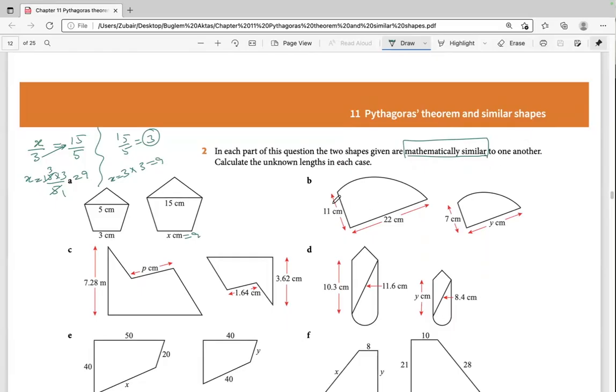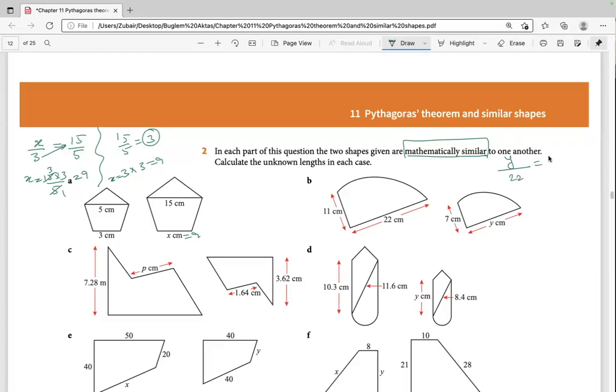B part. Now, in question 1, we were getting the exact number, that was 3 times. Now, in question B, there are decimals. So it would be better that we write it this way. Y divided by 22, very good.